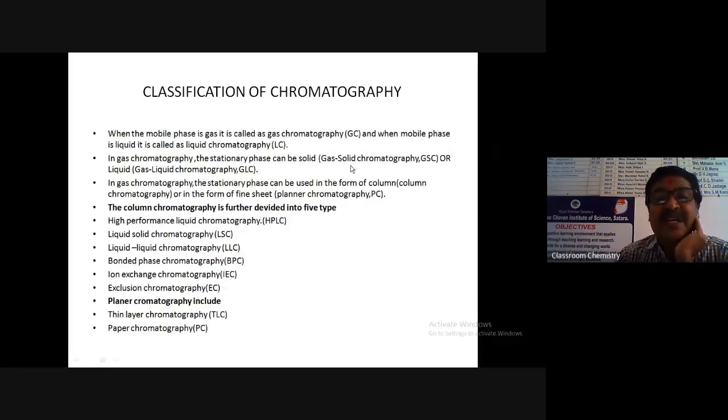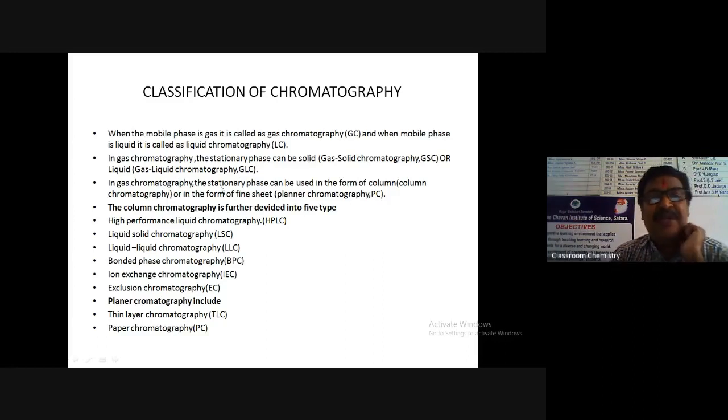Or you see gas-liquid chromatography, that is GLC. So in this case, gas is used as the mobile phase and liquid is used as the stationary phase. So there are two types of gas chromatography: gas-solid chromatography, known as GSC, and gas-liquid chromatography, known as GLC.